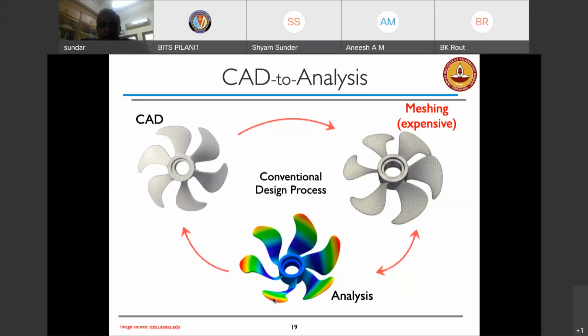And if it doesn't meet the design requirements, you go back and fix the CAD model, and then this process continues over and over again. And every time the CAD changes, the mesh has to be updated, which, if it is the most expensive part, is going to completely increase the turnaround time for the design process. Right? So we will see how people have come up with unique ways to address this issue.